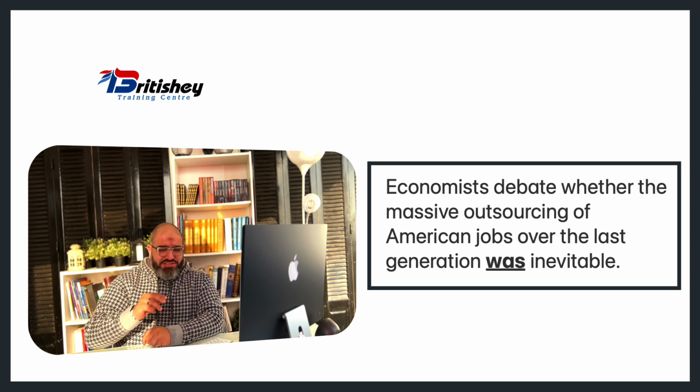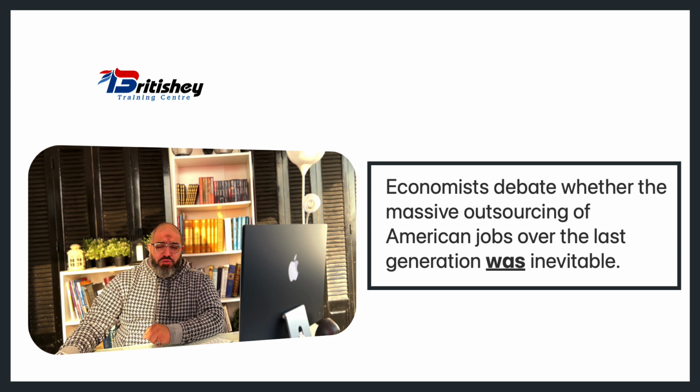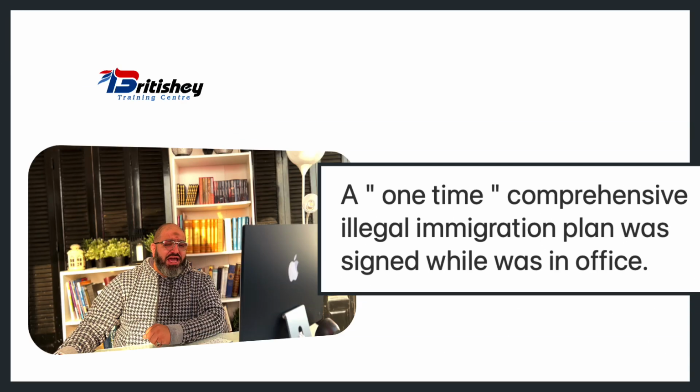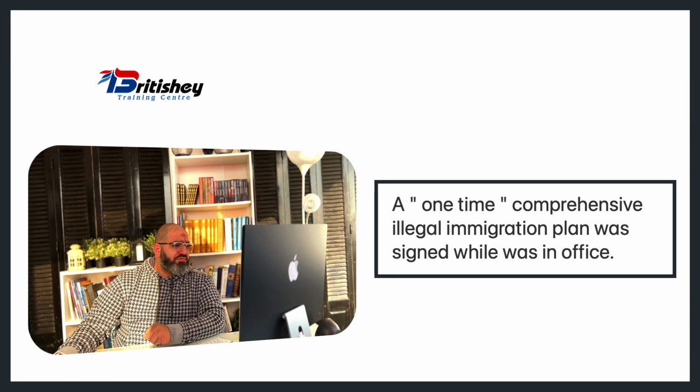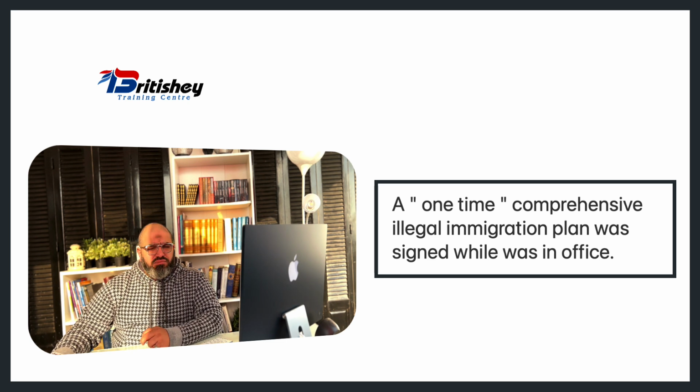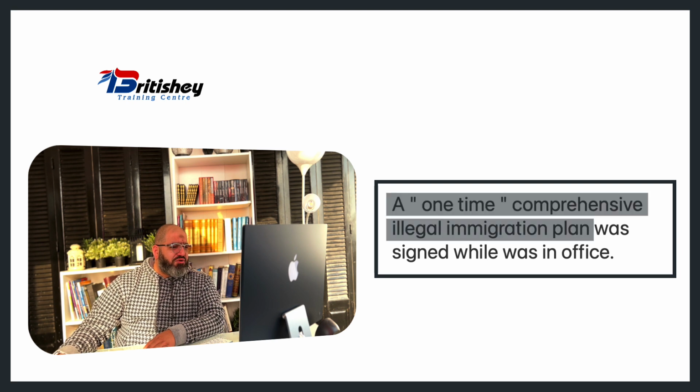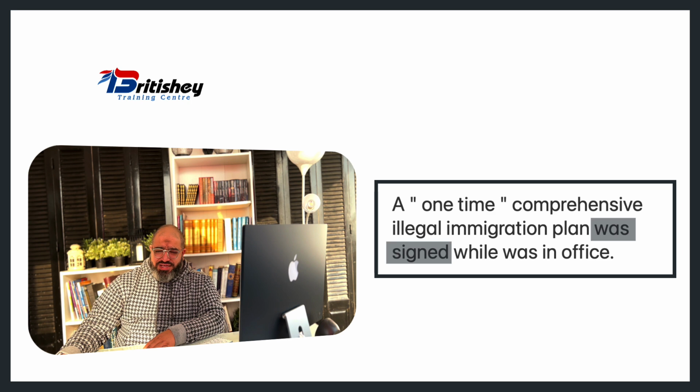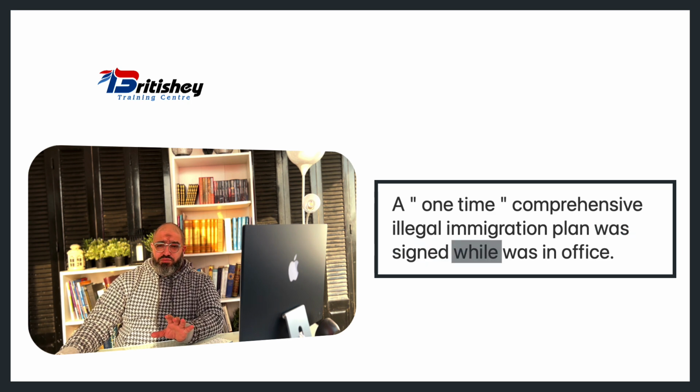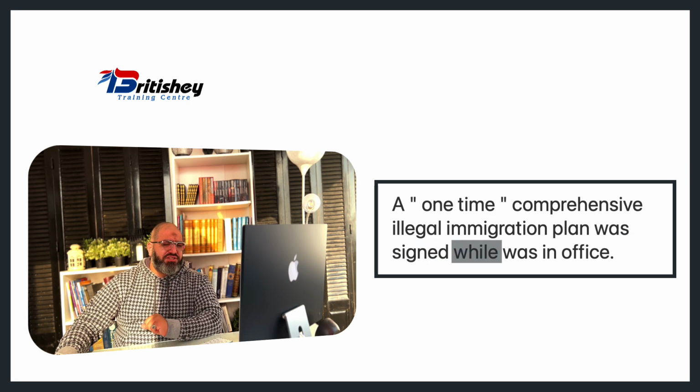Okay, another sentence. Let's see whether it's correct or not. And it reads as follows. A one-time comprehensive illegal immigration plan was signed while was in office. So we have a one-time comprehensive immigration plan, that's a subject, was signed, that's a verb. Then we've got while, that's an adverb connector.